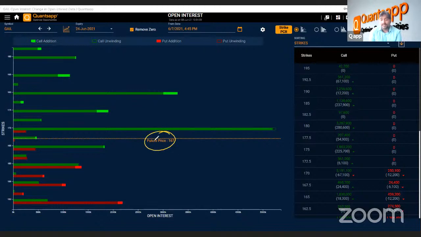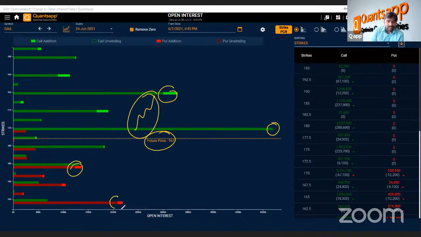Now, if we check the 170 call options, you can see a bit of unwinding happening at these levels. 180 has a bit of addition here, right? So these two levels are what we can look for. On the downside, we don't see any kind of build up on the put side. Probably 160 and 150. So somewhere around these we can get this value from the volume analysis also, right?